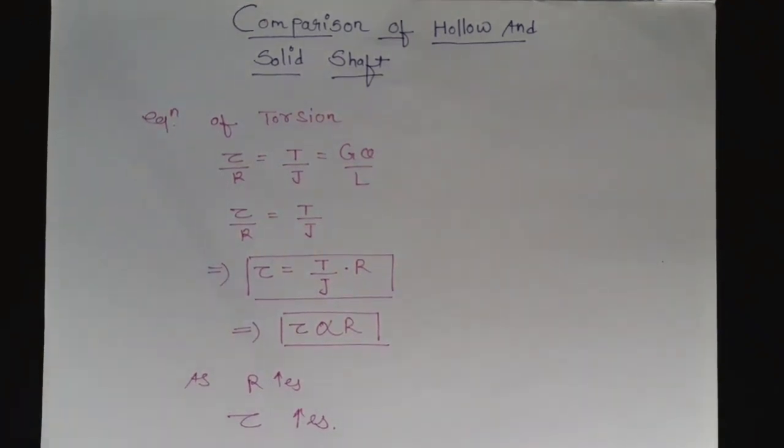In case of solid shaft, stress in the material near the center of the shaft is very small or 0. Hence the strength of the material near the center is not properly utilized.